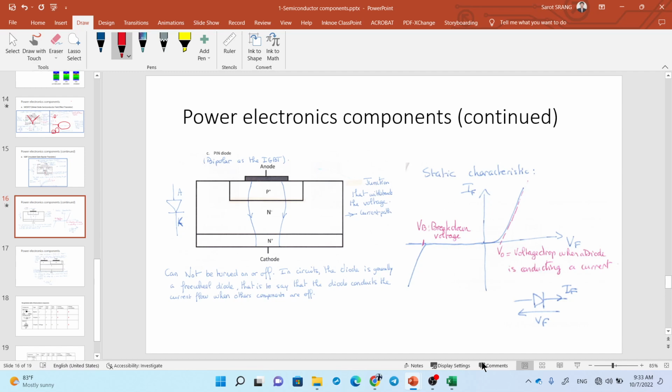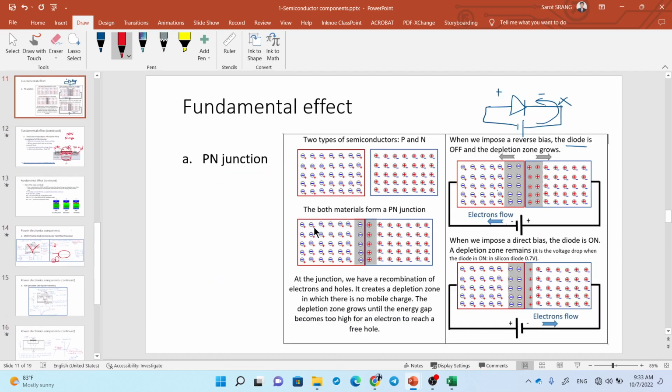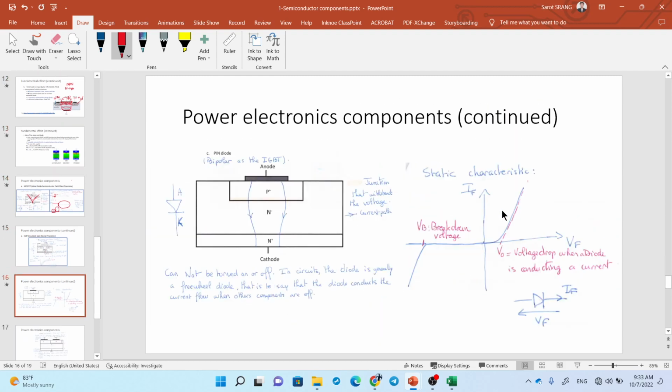Yeah, this one is a diode, but the actual construction is not just like this, this one is just for a concept. The actual construction is like this, but still you can see the junction between P and N. This graph explains the phase plane between voltage and current. You supply negative voltage to the diode.